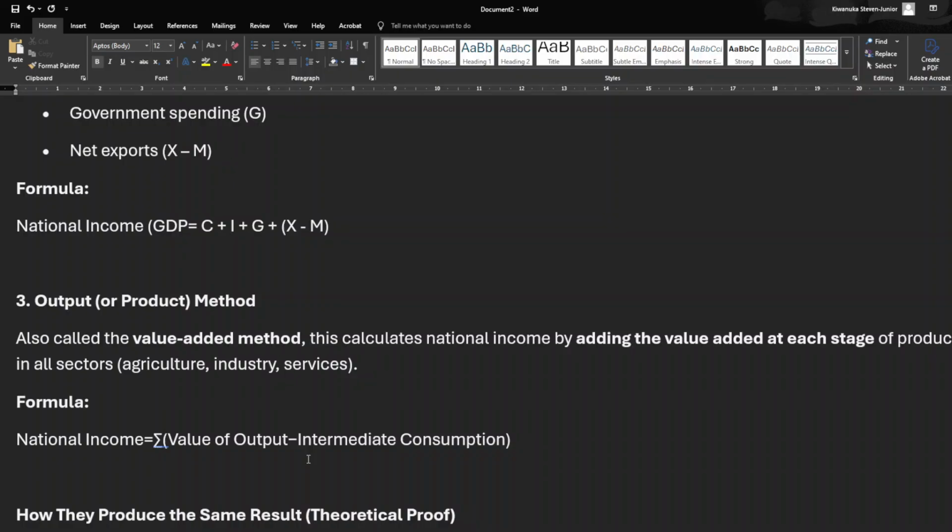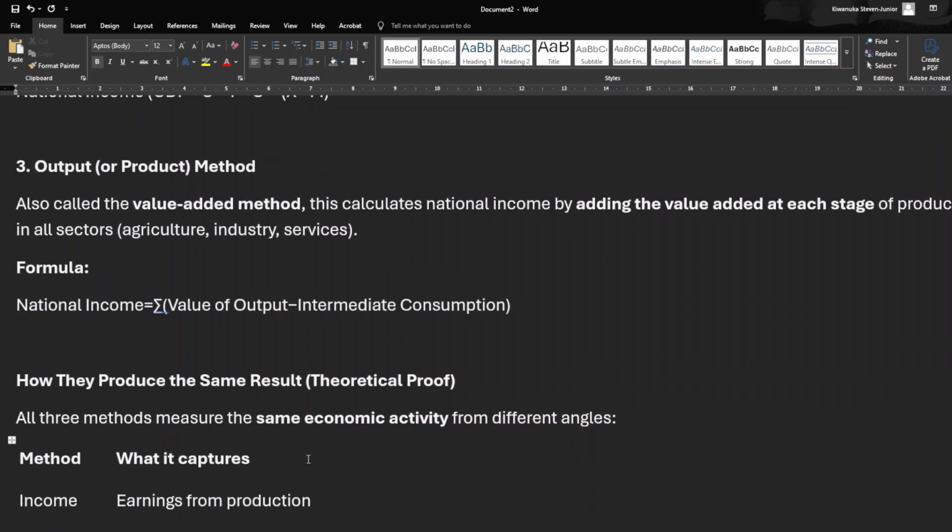If it is timber, they get it from the forest, do the cutting, then laminate it, making it waterproof. That is the output method. The national income is the sum of the value of output minus intermediate consumption, to get the actual one.